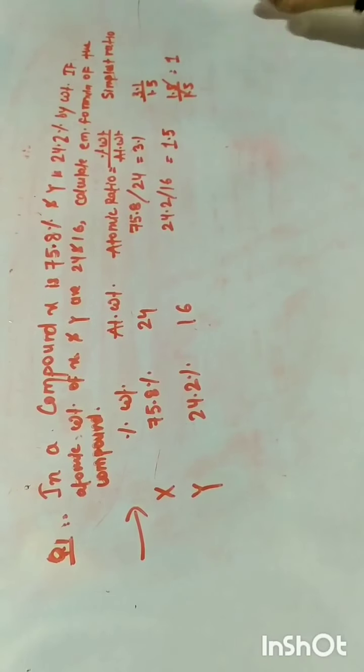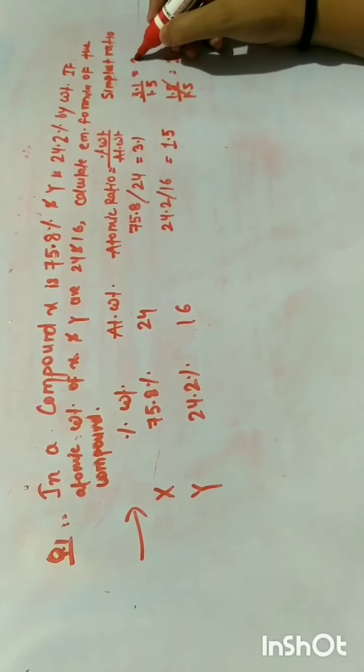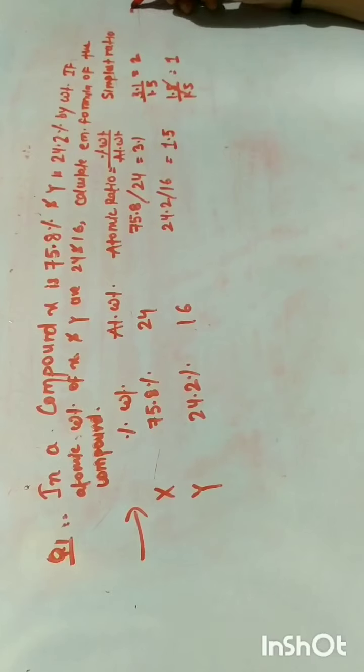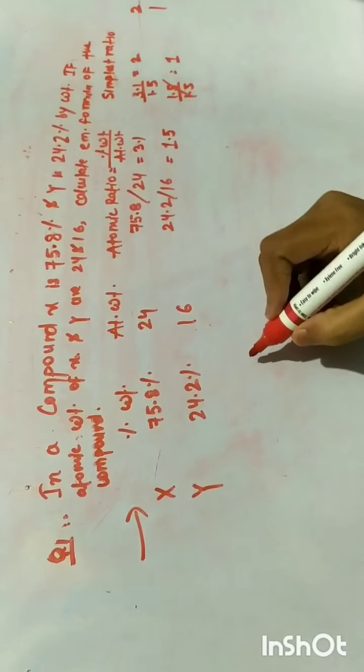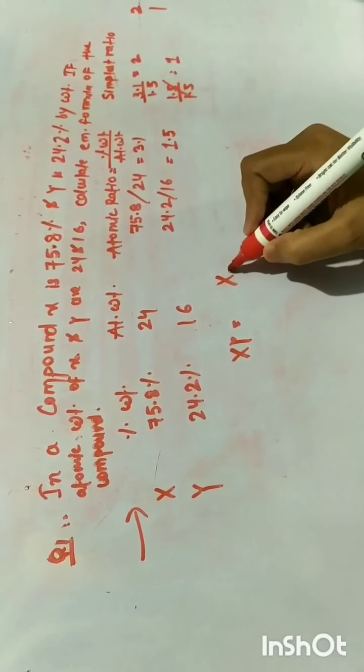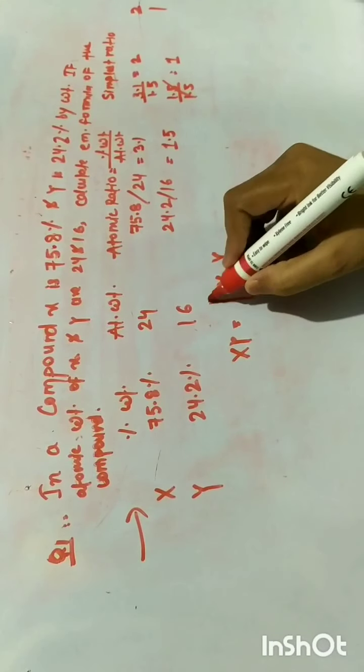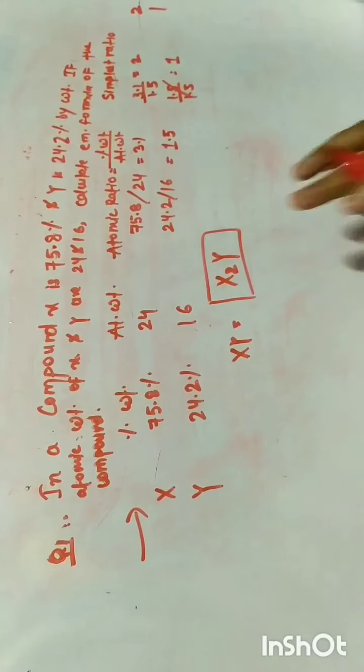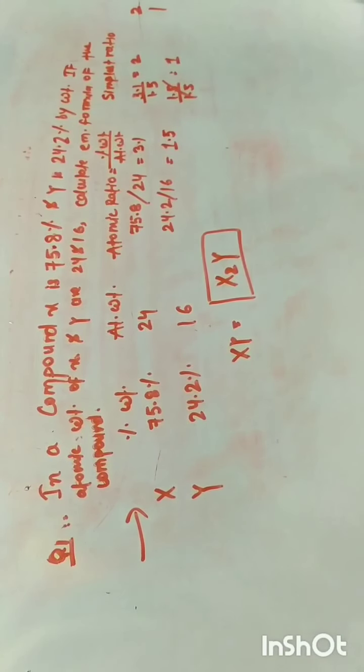So here we get 2 and here we get 1. So our ratio is 2:1. So the empirical formula is X2Y. In this way, questions on empirical formula can be solved.